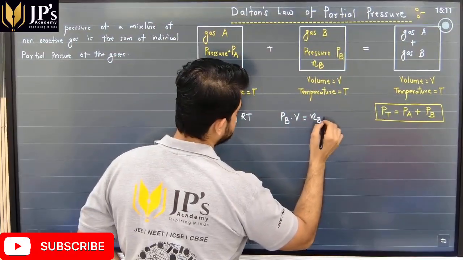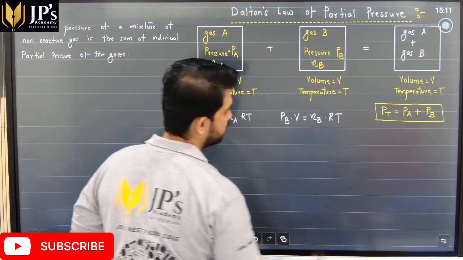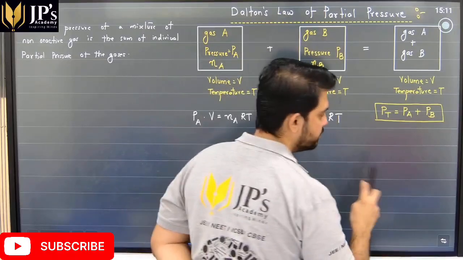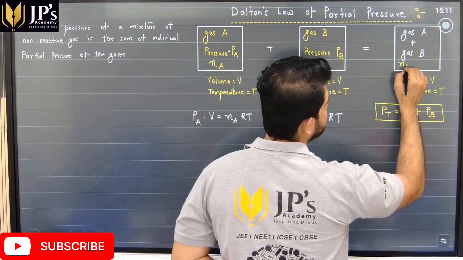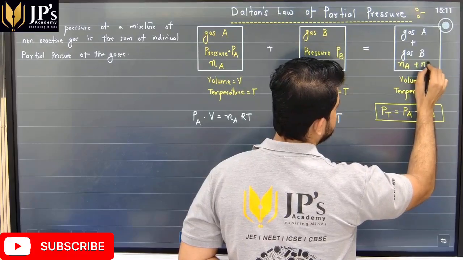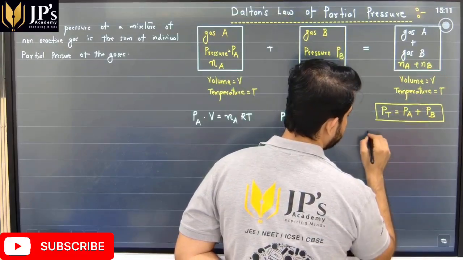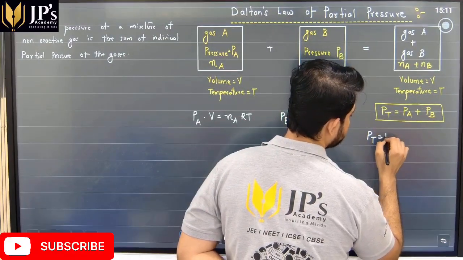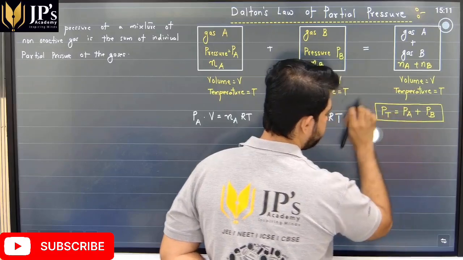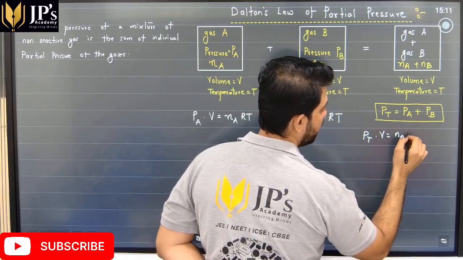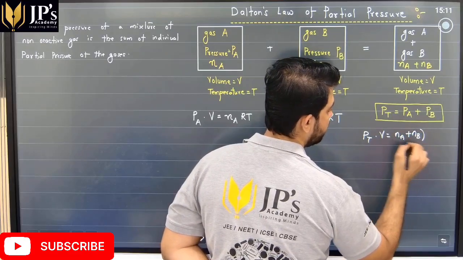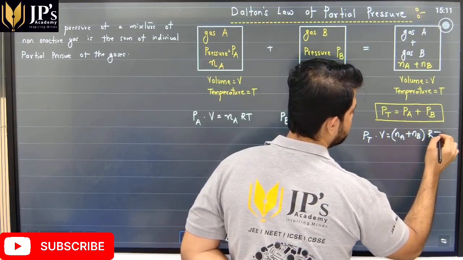Nb RT. And over here students, since we have mixed both the gases and these are non-reactive gases, the total number of moles will become Na plus Nb, and I can write the equation for Pt as Pt V = (Na + Nb) RT.